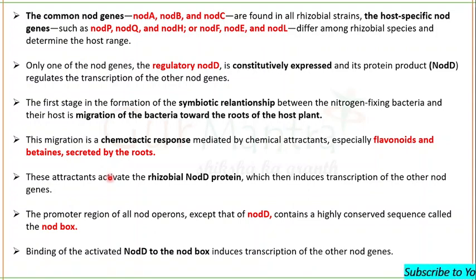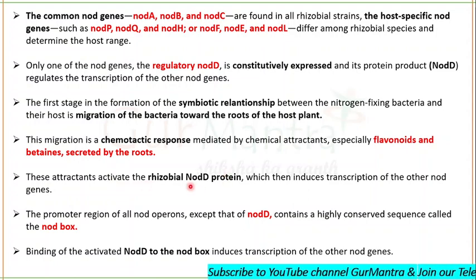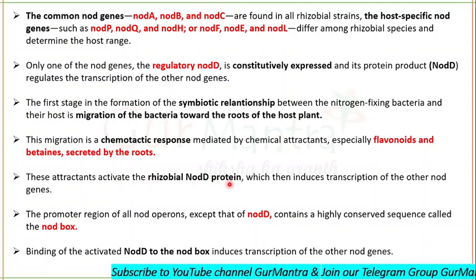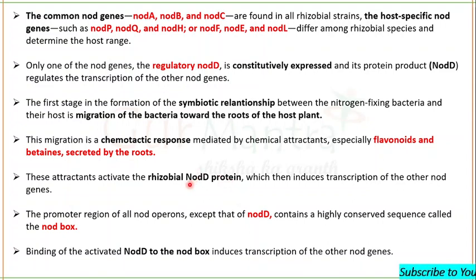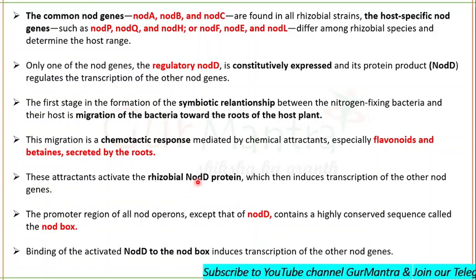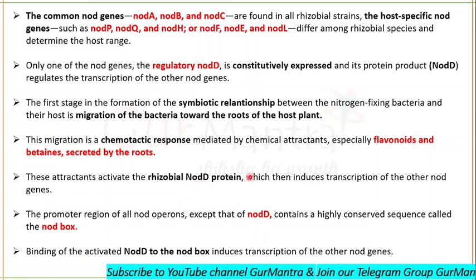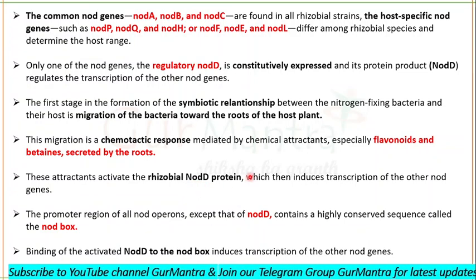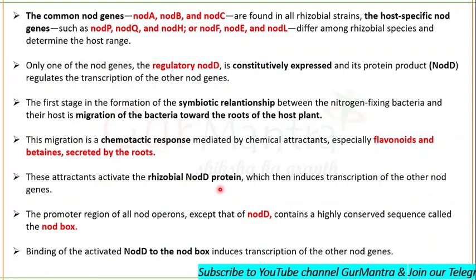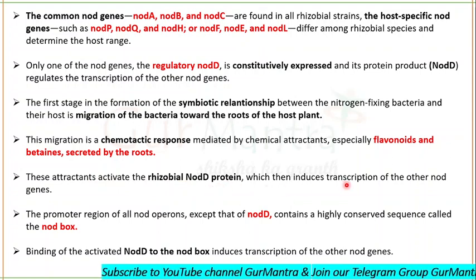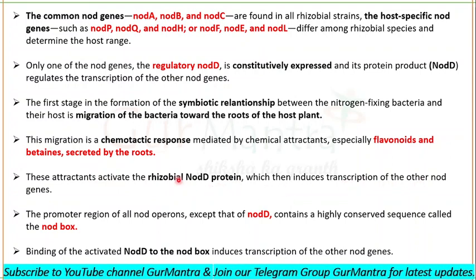These attractants secreted by roots will activate the rhizobial NodD protein. Here D is capital, because it is the NodD protein and not the gene. Nodulation D proteins are activated after the interaction of rhizobium with these attractants, and they will induce the transcription of other nod genes.